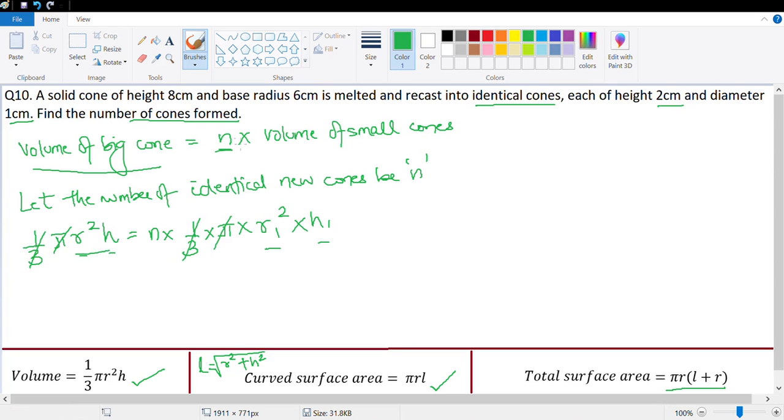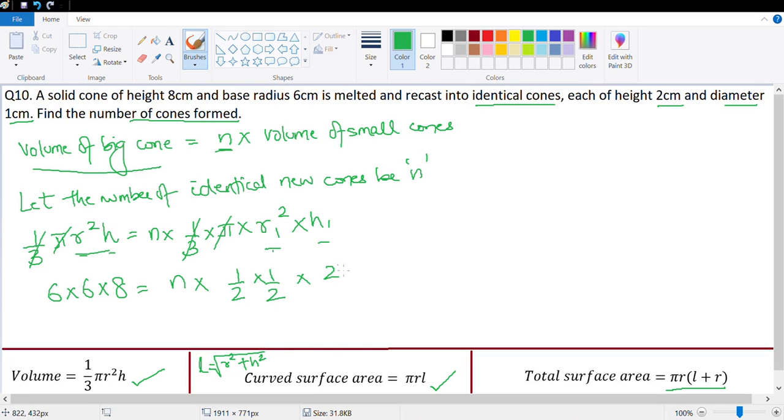R here is 6, so that's 6 into 6 into 8 is equal to n times r1 square into h1. For r1, the diameter is given, which means the radius will be 1/2 of that, which means 1 by 2 into 1 by 2 is r1 square, multiplied with h1, which is 2.